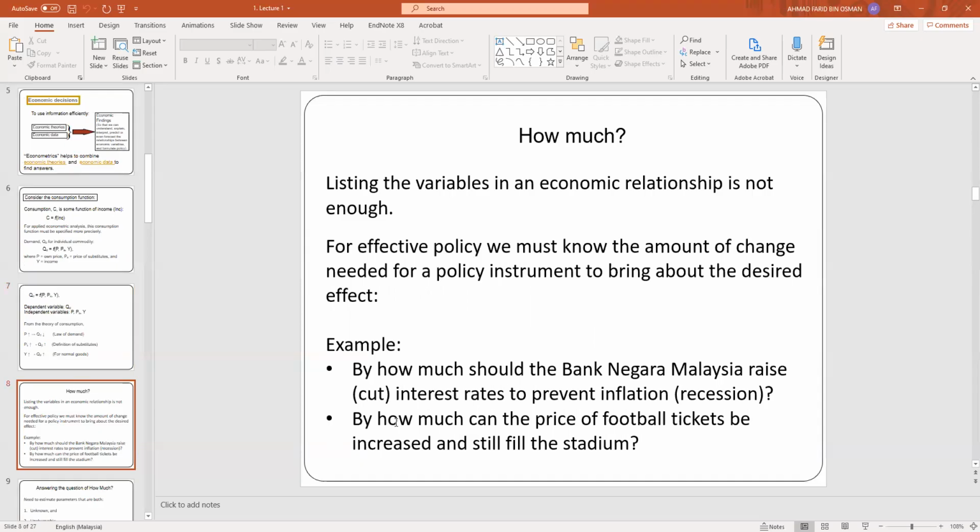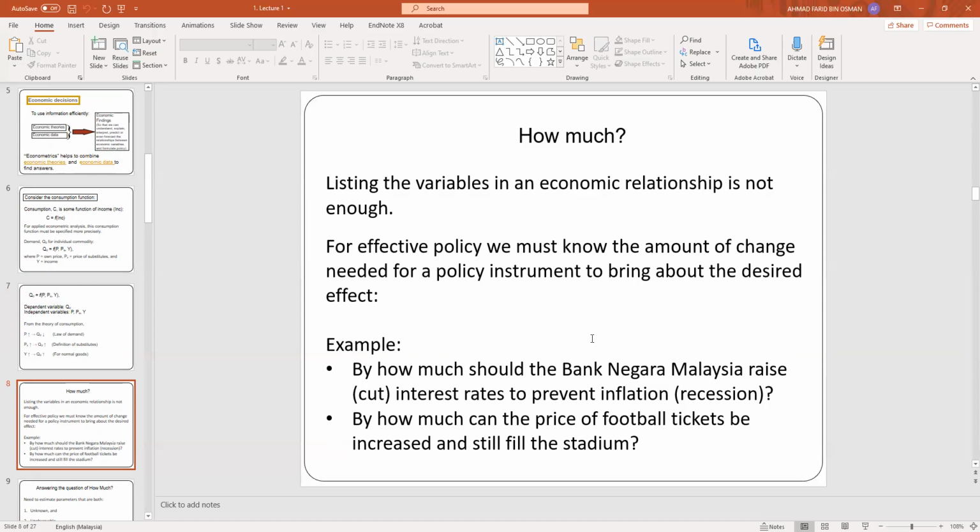For example, by how much should Bank Negara Malaysia, the Central Bank of Malaysia, raise or cut the interest rate to prevent inflation or recession? In this case, we need to know by how much. So you need to estimate the model first, and then you will know by how much.